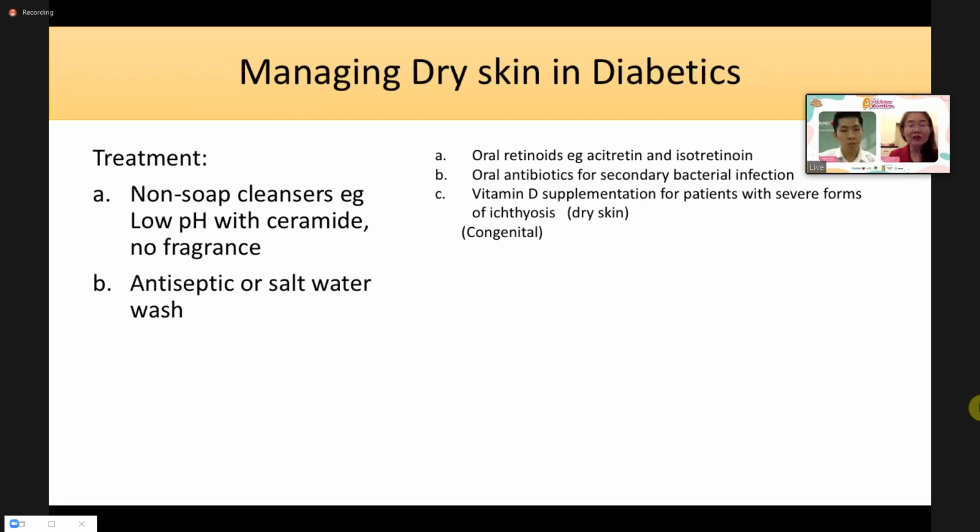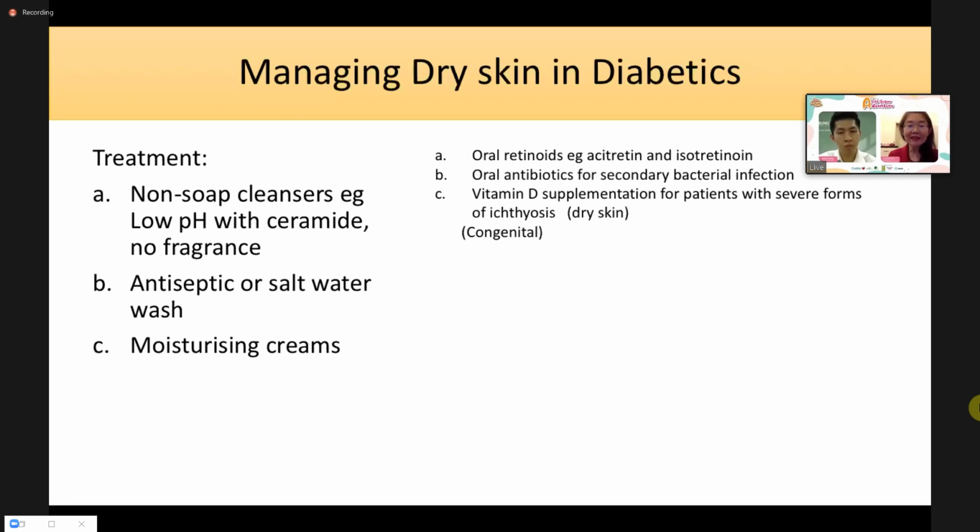Then you need to wash with antiseptic or salt water, especially over the cracked skin. Like I said, our skin forms a protection against bacteria. Once there is a breach, bacteria and viruses tend to invade, so you need to wash with a bit of antiseptic and salt water, but a gentle antiseptic which is not too irritating to the skin, because when you have eczema, it can be very irritating, even with water in some people.